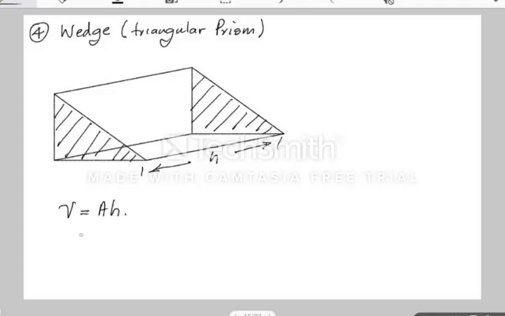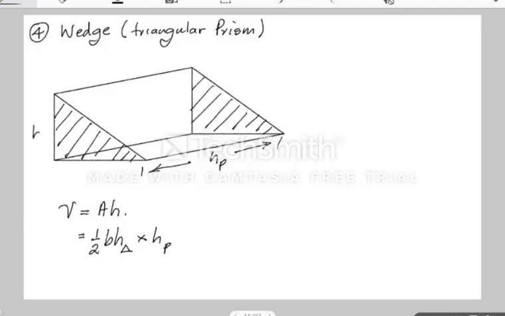A here would be the area of the uniform cross section, which is the area of the triangle. And the area of a triangle is what? Half base times height. So this height here is the height of the triangle, multiplied now by the height of the prism.